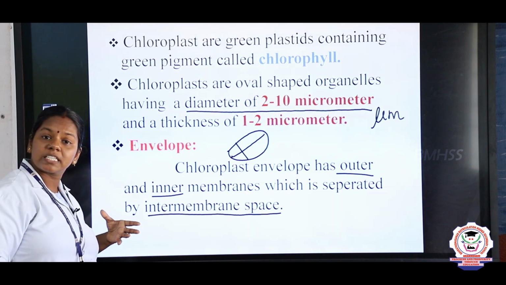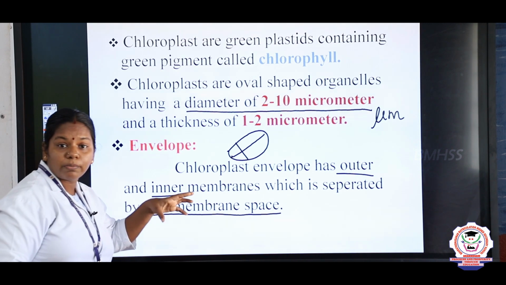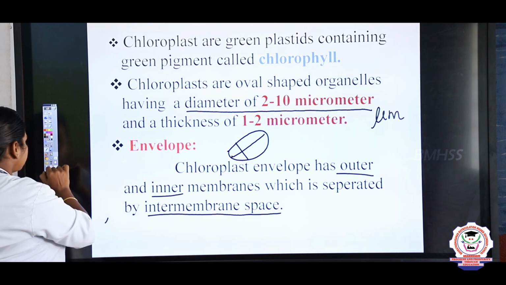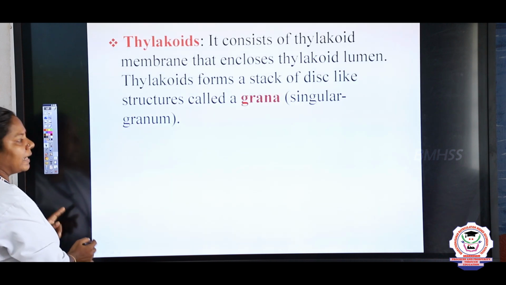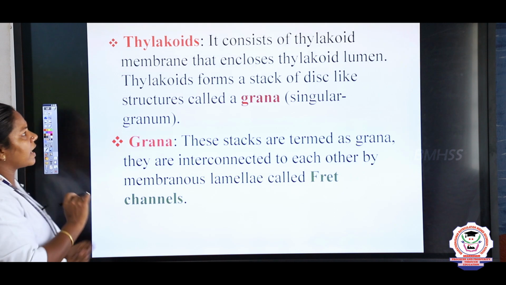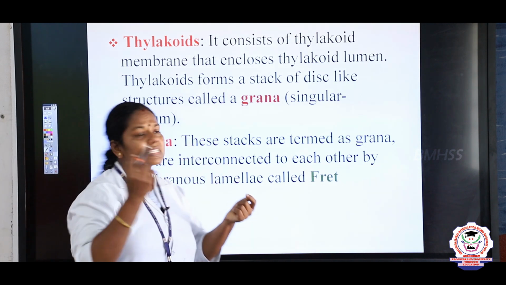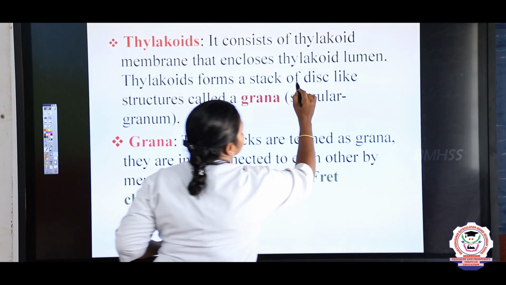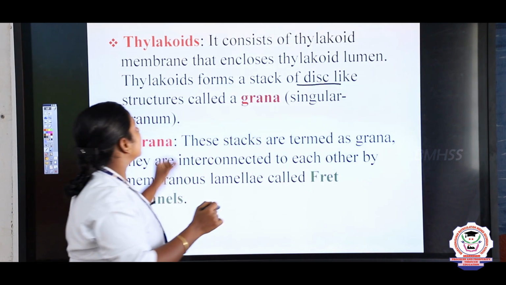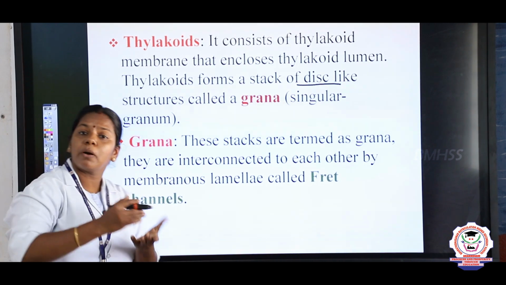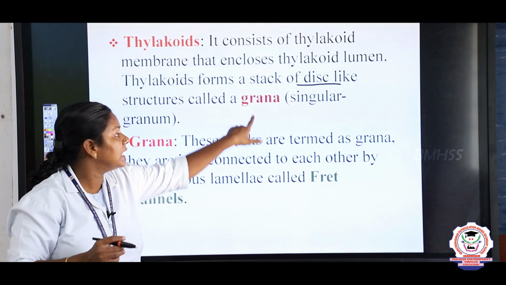And next we are going to discuss the thylakoid membrane and the inner structures, right? So thylakoids and then grana, right? What is a thylakoid, children? I told you, the disc-like structure present inside the chloroplast. Disc-like structure, we call it a thylakoid membrane, right? And when it is arranged one above the other, we call it a grana.